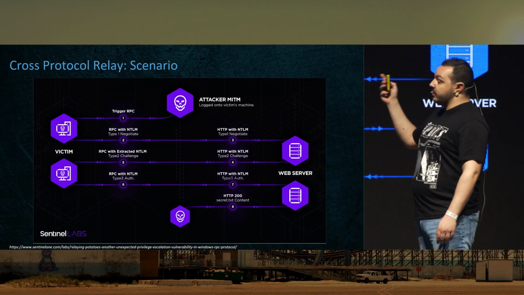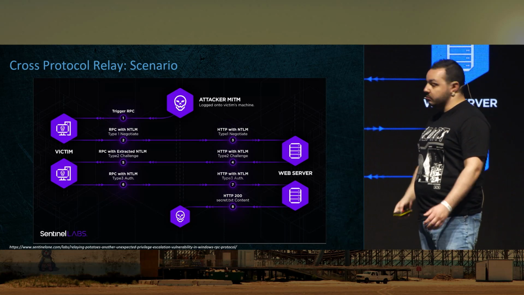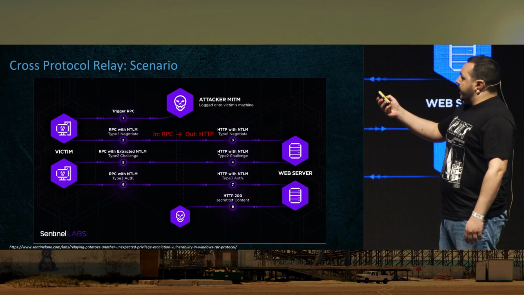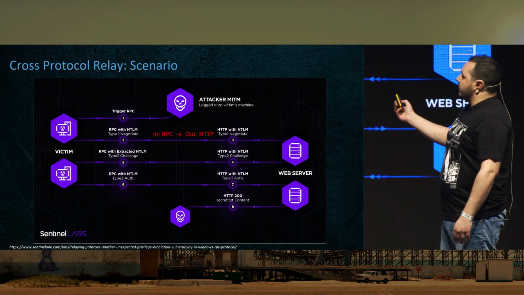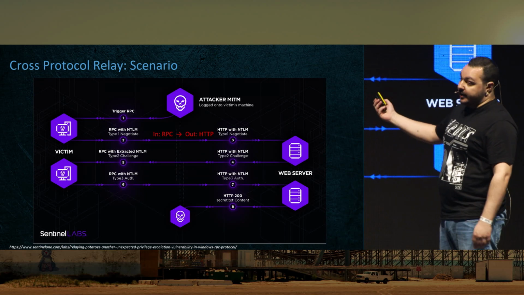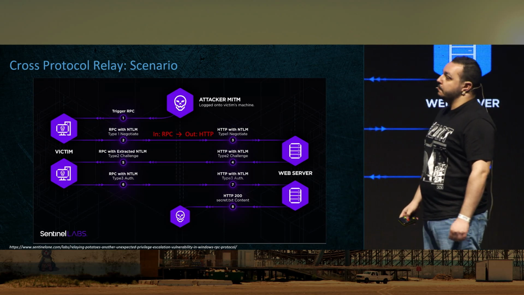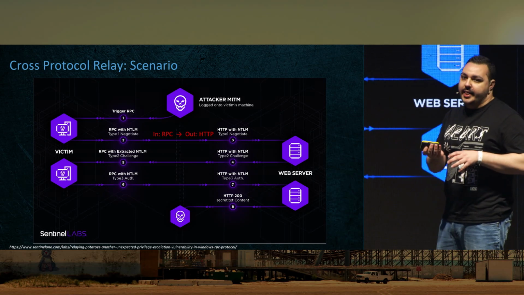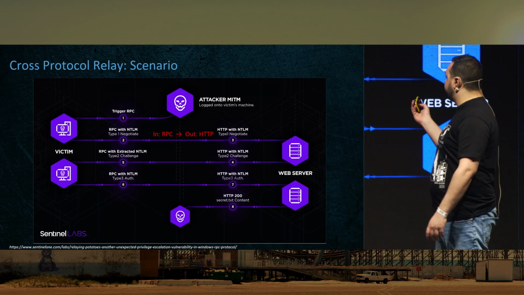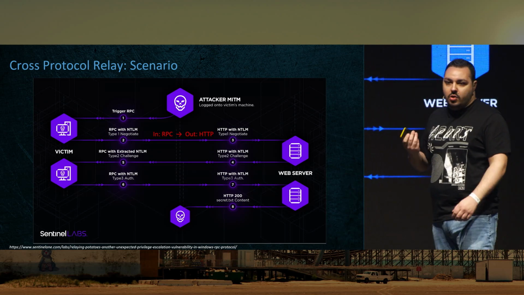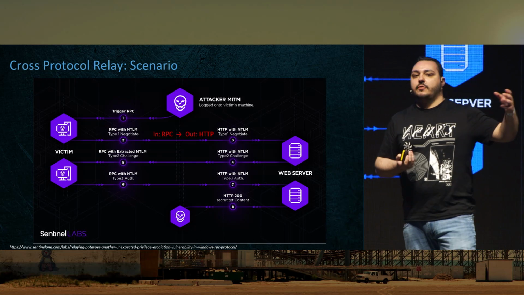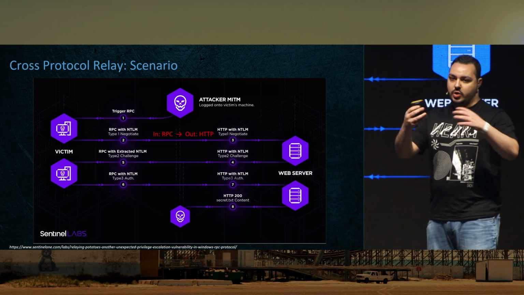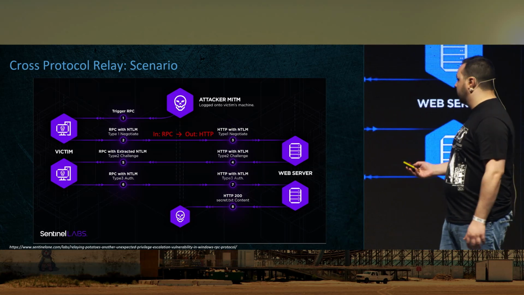The attacker triggers the RPC connection, for example with the potato exploit. Then the victim performs NTLM type 1 to the attacker, the man in the middle. The attacker instantiates a new HTTP connection and embeds the NTLM part. So the web server doesn't even know that the NTLM authentication came from RPC. It just says, you are authenticating with HTTP, you are good with the NTLM, way to go.